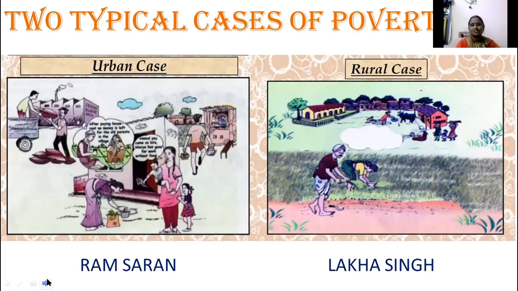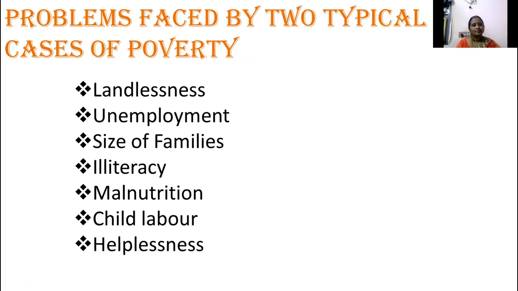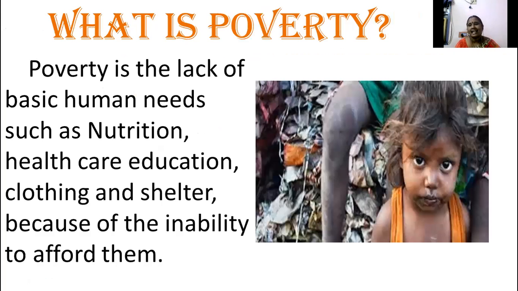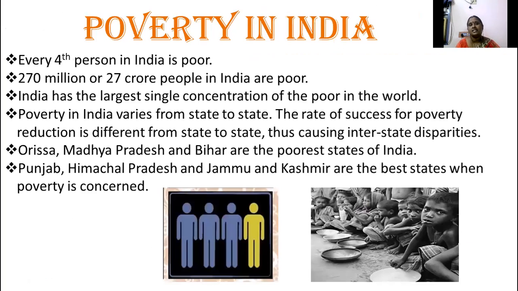Of course, the pictures of Ram Saran and Laka Singh, where you can see all these drawbacks in that picture as such. And the actual definition of poverty: every fourth person in India is said to be very much poor, and almost 27 crore people in India are said to be poor.